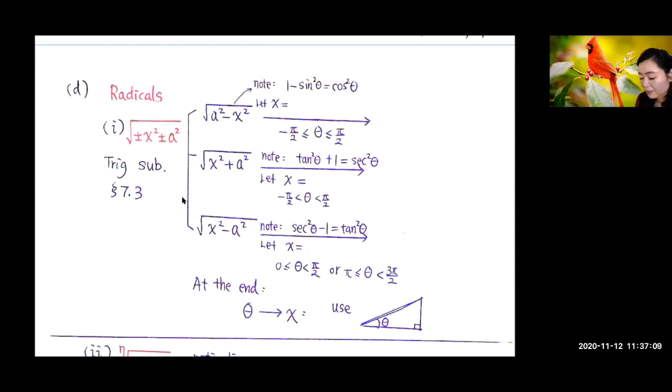So remember this one over here, it reminds you of this identity. The a squared here corresponds to 1 here, and the x squared corresponds to this over here. Try to match the x with that. You want this inside to be a perfect square, so that when you take the square root, the square and the square root cancel out.